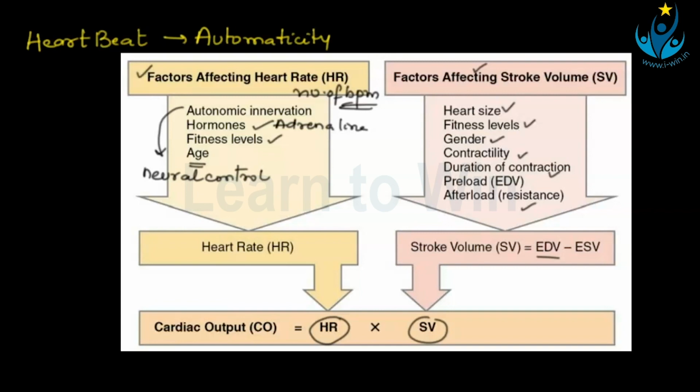All right, now we are going to the last two topics in this section, that is blood pressure and pulse rate. Blood pressure is defined as the pressure with which the blood flows into the arteries. It is the pressure of blood in the arteries.